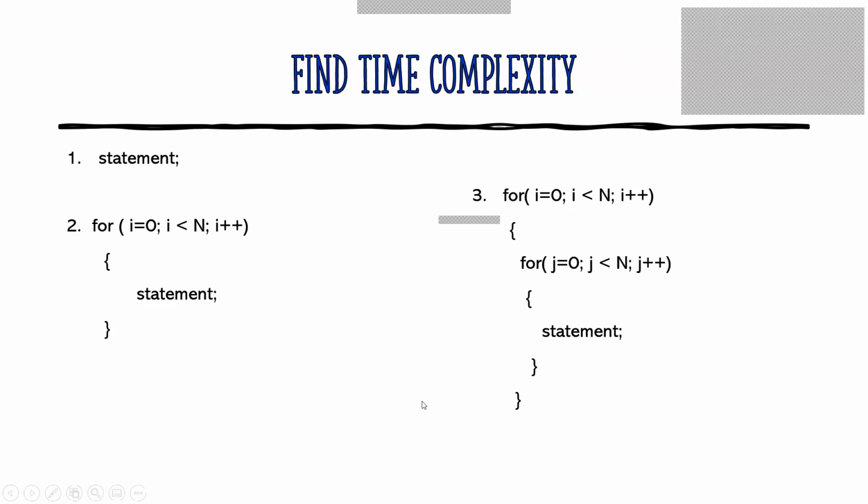O(n square). 2n square plus n. Okay, someone said n square. Deepa, you are saying? Ma'am, big O of n square plus n. Okay. Others, anyone else want to say?